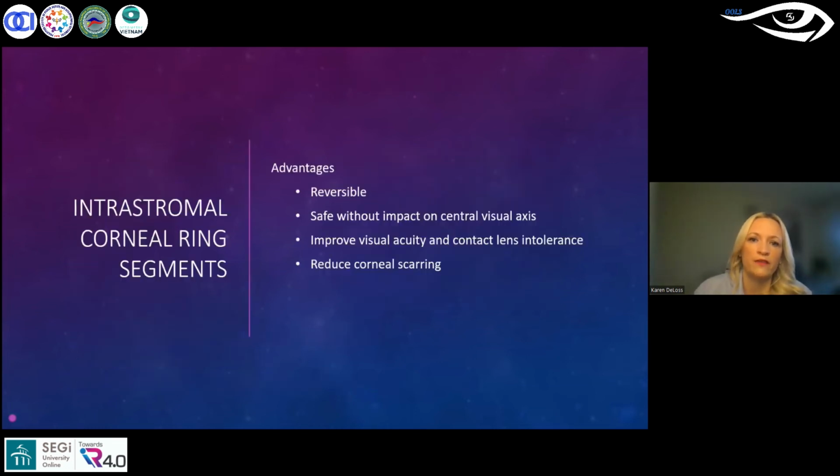I think the advantages are that it's reversible and safe without impact on the vision, and it can improve visual acuity in patients who have contact lens intolerance. I don't know if any of you have fit a gas permeable lens over Intacs, but it's not fun. You're fitting over an obstacle course at that point.